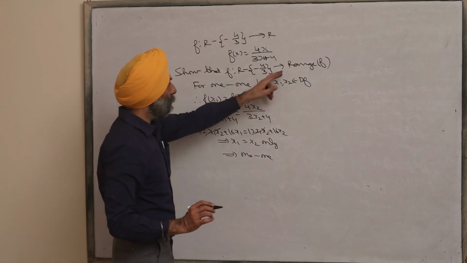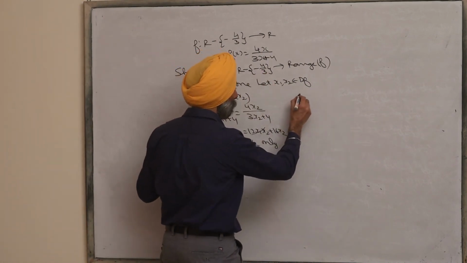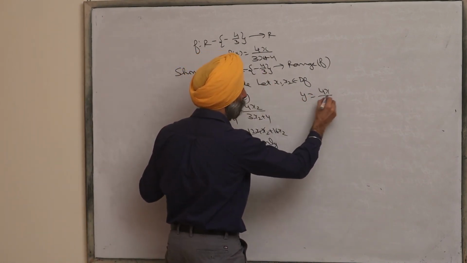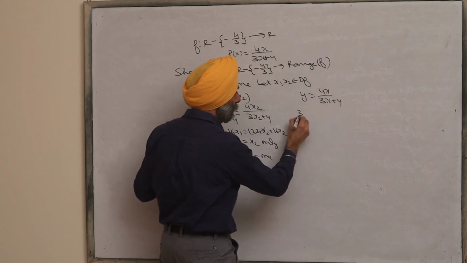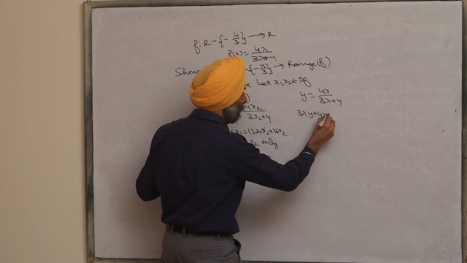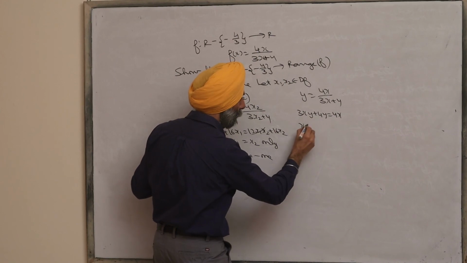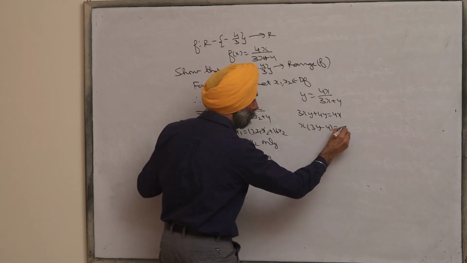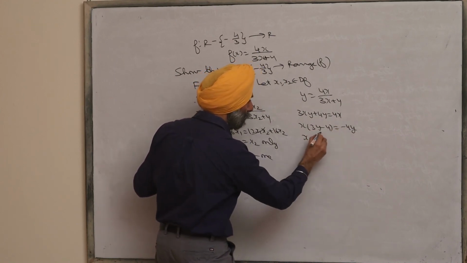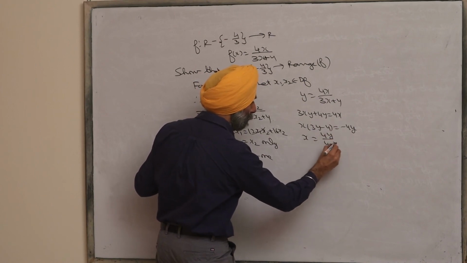Now next, y is equal to 4x over 3x plus 4, that is 3xy plus 4y is equal to 4x, or x into 3y minus 4 equals minus 4y, or x is equal to 4y over 4 minus 3y.